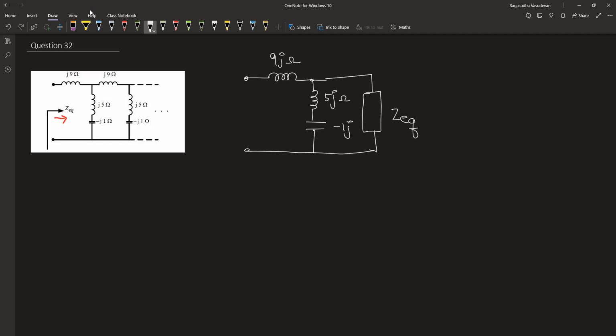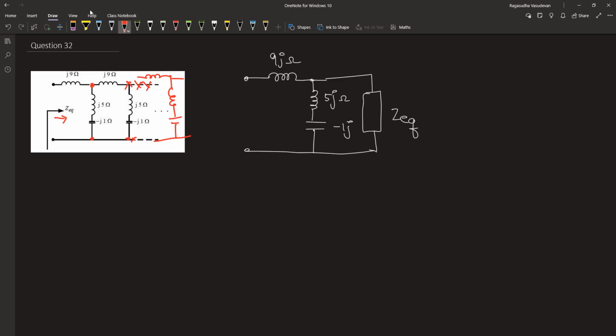If we observe, the equivalent impedance of this circuit comprises two branches: the inductor branch, and the inductor-capacitor branch, and this part keeps repeating. So we will have another 9J over here, then another inductor in series with a capacitor over here. So these parts keep repeating.